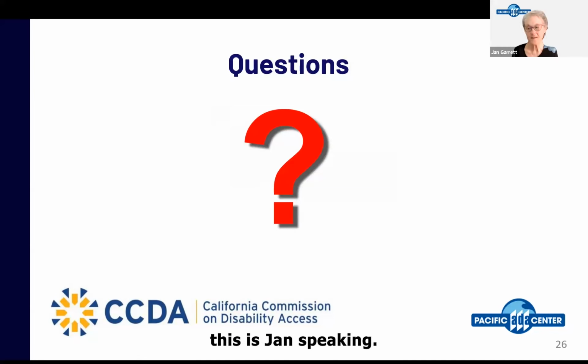Yes, thank you, April. This is Jan speaking. So the Pacific ADA Center supports ADA coordinator networks or coalitions throughout our region. And our region is Arizona, Nevada, California, Hawaii, and the Pacific Basin territories. So we have a very active coalition or network in both Arizona and in California.